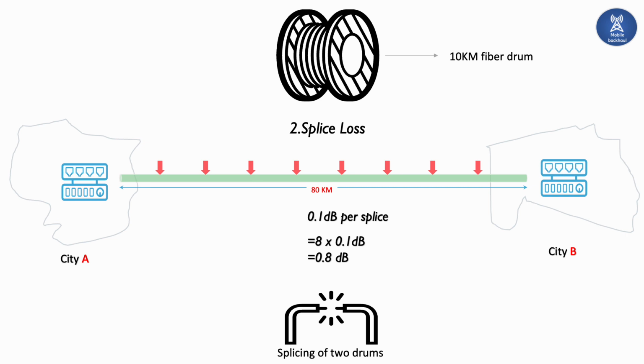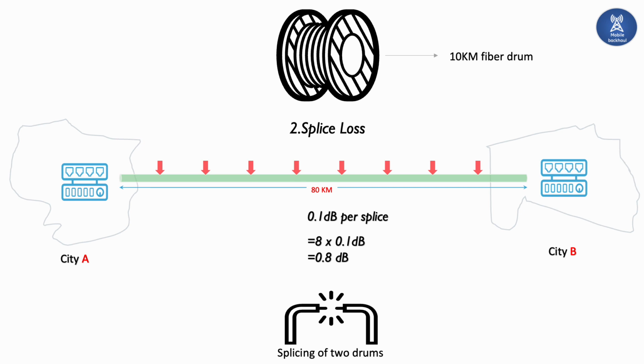So there are 8 splices done so that we can get an entire stretch of 80 kilometers of fiber. Due to splice loss, we are losing 8 into 0.1, that is 0.8 dB of power.